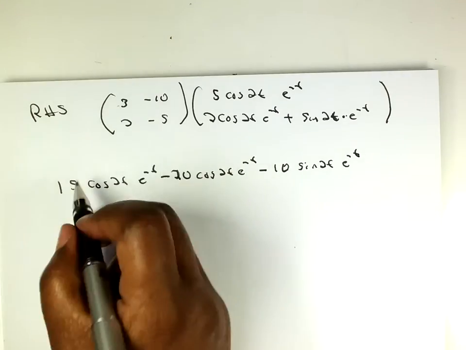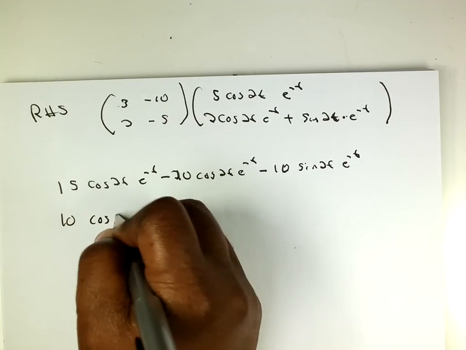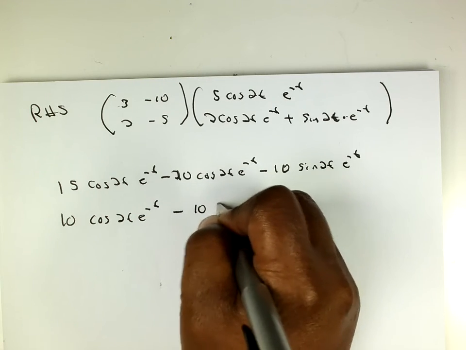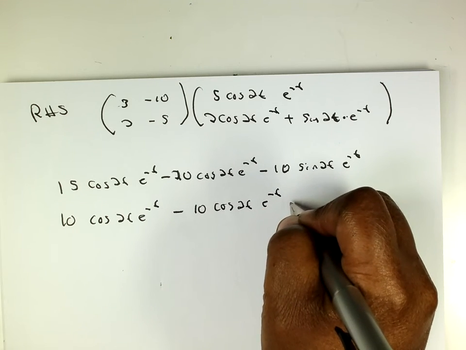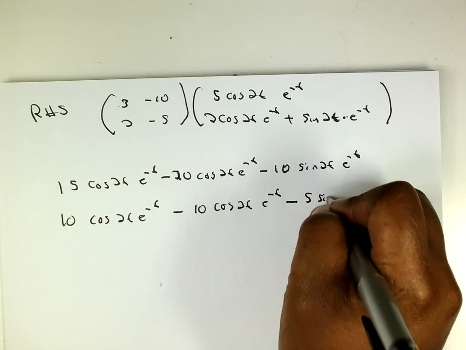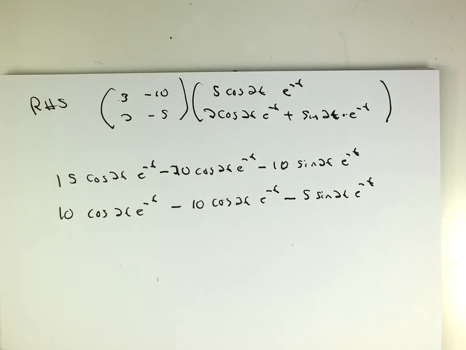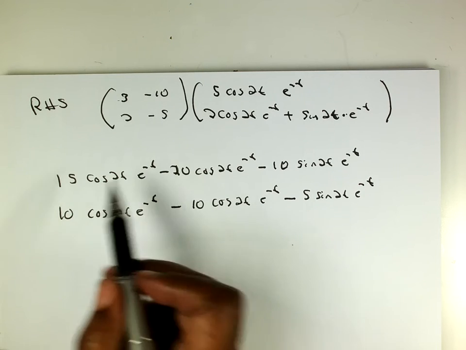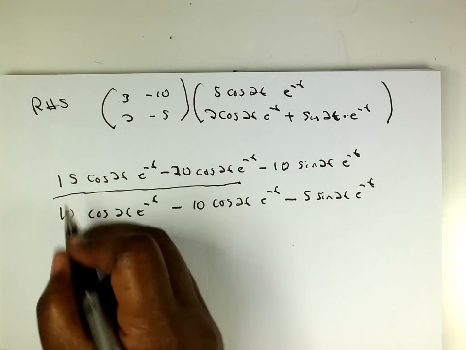And then for the next row, 2 times that gives me 10 cosine 2t e to the negative t minus 10 cosine 2t e to the negative t minus 5 sine 2t e to the negative t. So this first one, I can combine these two together, and that gives me a negative 5.